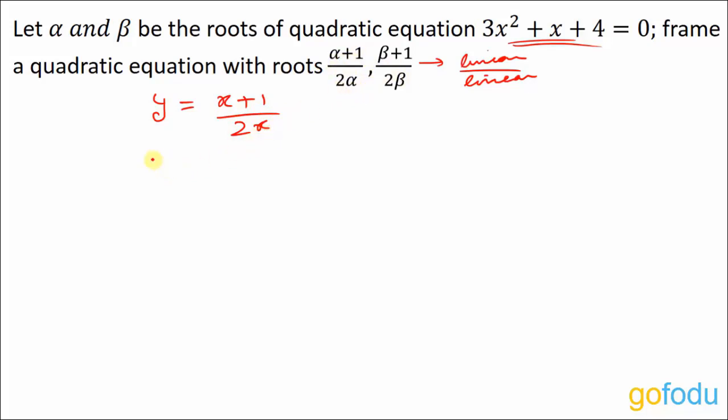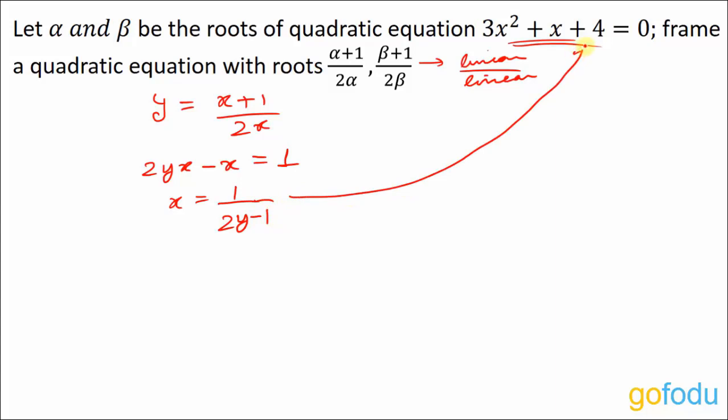So from here we can say 2yx minus x is equal to 1, or x is equal to 1 upon 2y minus 1. This I can put back in our original equation. So our original equation will become 3 into 1 upon 2y minus 1 whole square plus 1 upon 2y minus 1 plus 4 equal to 0.